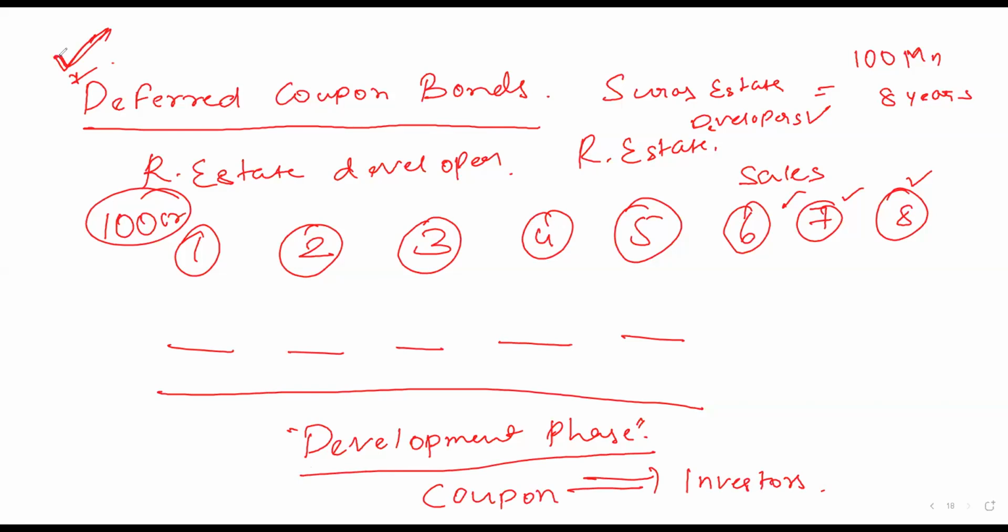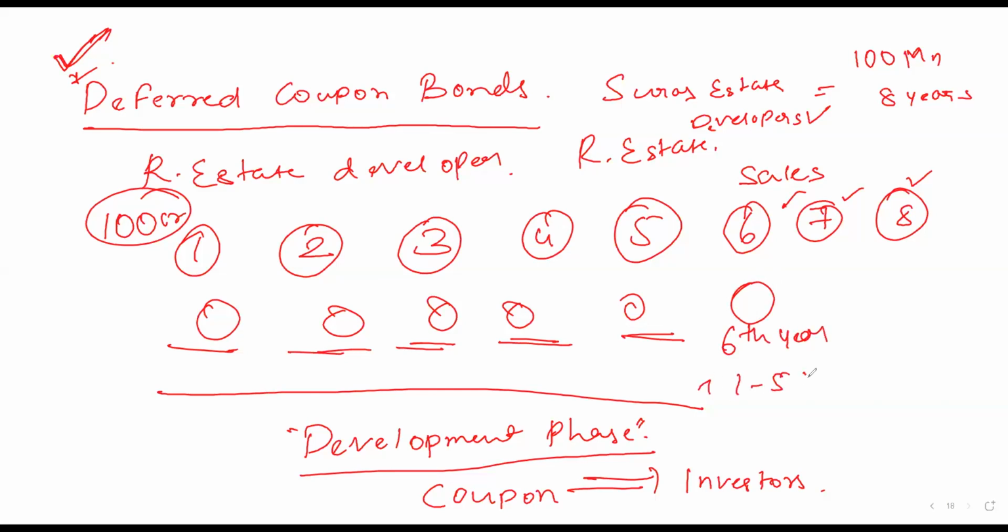In a deferred coupon bond, the issuer says that for the first 5 years, I am not going to pay you the coupon, but all the coupon that has been accumulated in the first 5 years, I will pay you at the end of the 6th year. So the 6th year will include the coupon for the 6th year plus the 1 to 5 years of coupon.